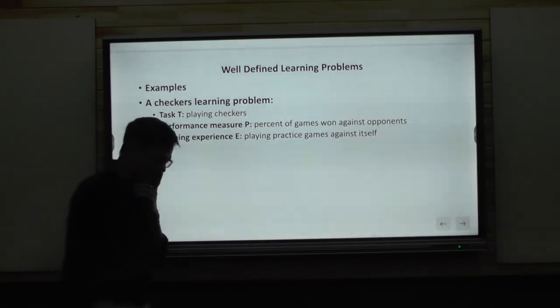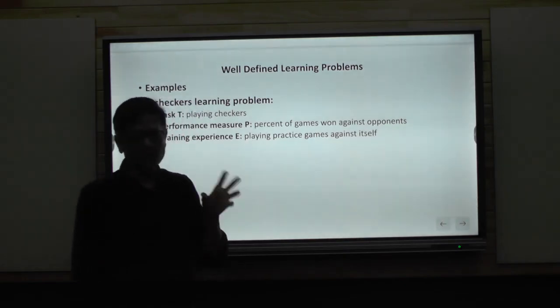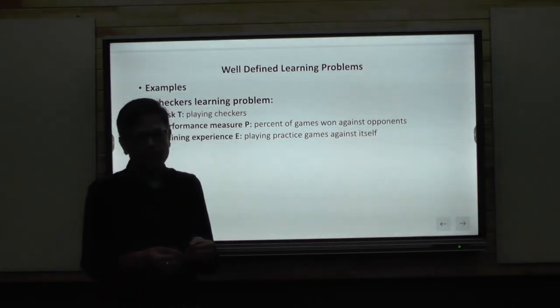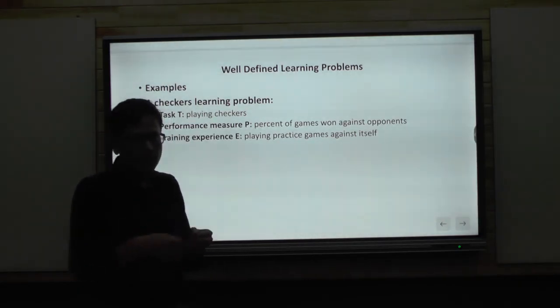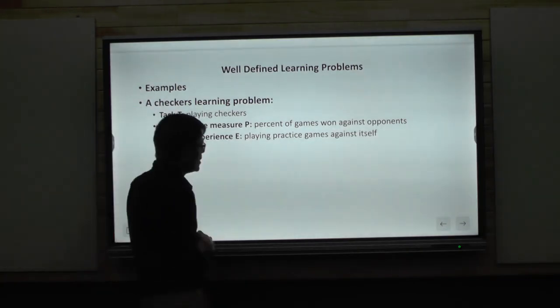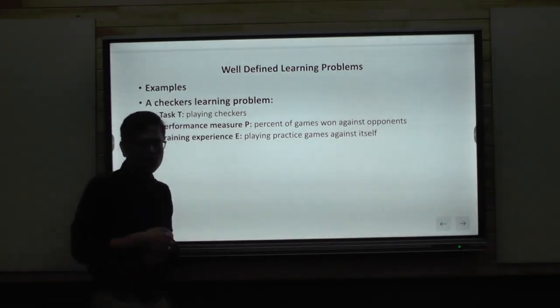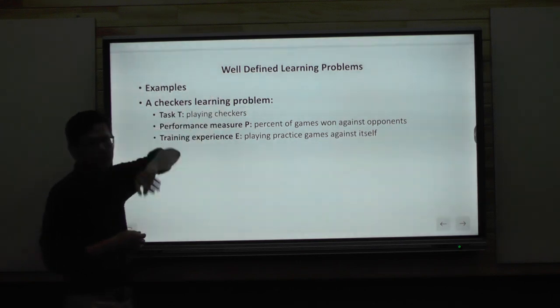See, in ML, if you are making something, a performance measure should be a number. So that number can decide if it should be gradually improved. Training experience E, playing practice games against itself. So we have three things in the checkers learning problem.